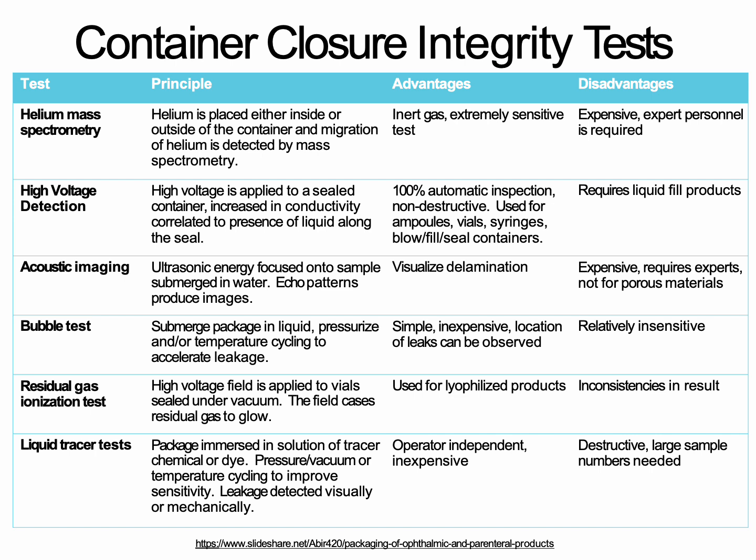We can have acoustic imaging where we use ultrasonic energy that is focused on a sample submerged in water. We look into the echo patterns that will produce an image. We also have the bubble test that we already explained. We also have residual gas ionization test where a high voltage field is applied to vials sealed under vacuum, so the field causes residual gas to glow.